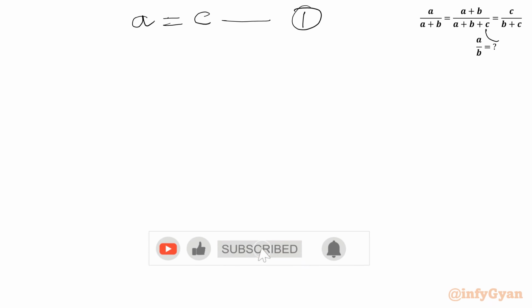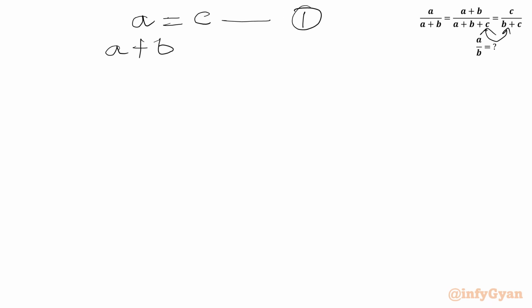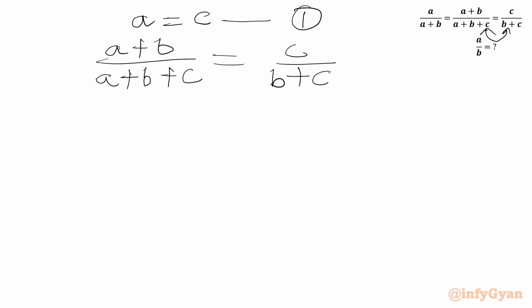Now we are going to equate these two. So we will write A plus B over A plus B plus C equal to C over B plus C. Now we will use our equation 1.